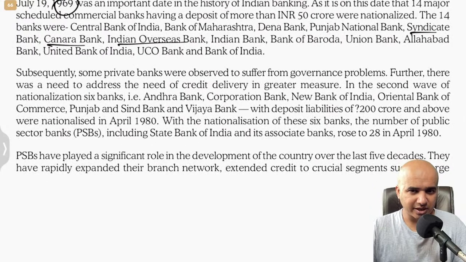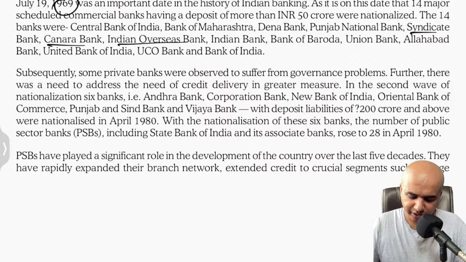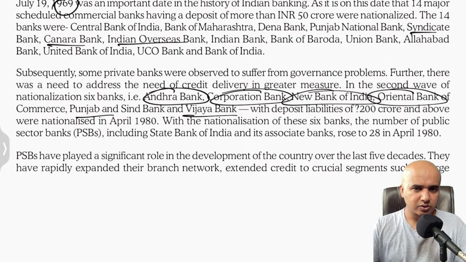But subsequently, they nationalized a few more banks. That happened in 1980, I guess. Yeah, 1980. So which were those banks? Andhra Bank, Corporation Bank, New Bank of India, Oriental Bank of Commerce, Punjab and Sindh Bank, and Vijaya Bank. So these were also nationalized.